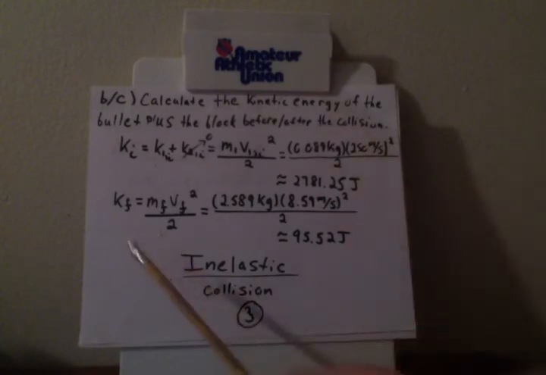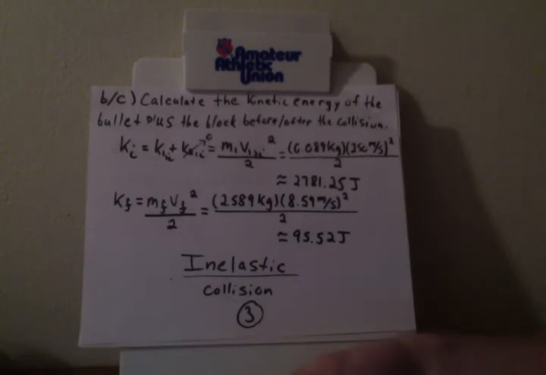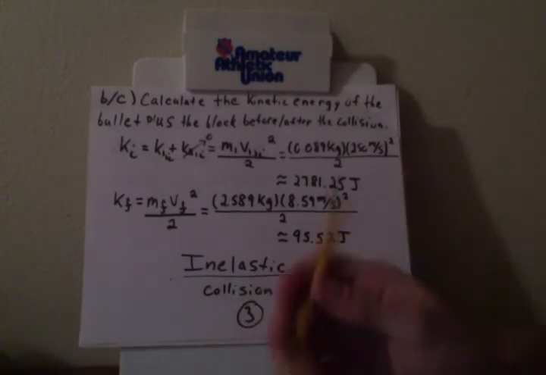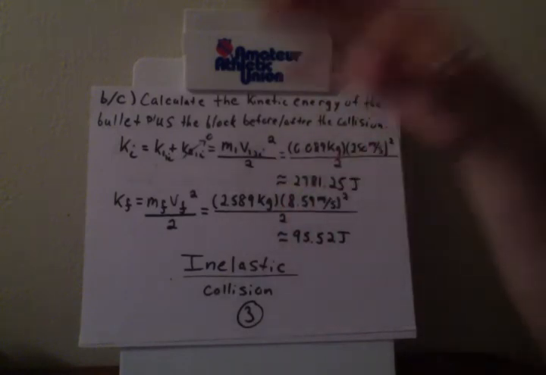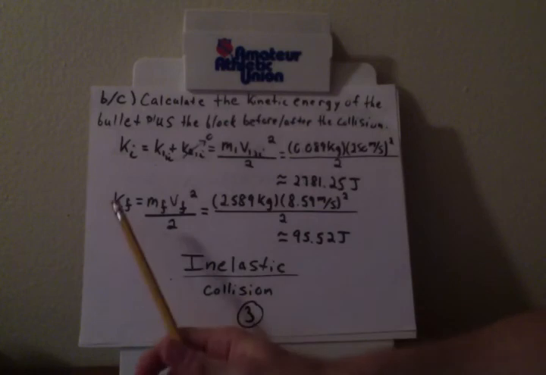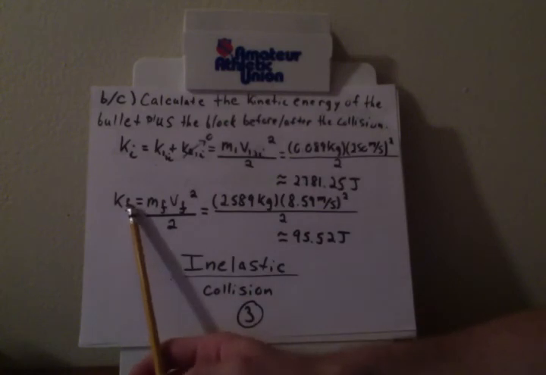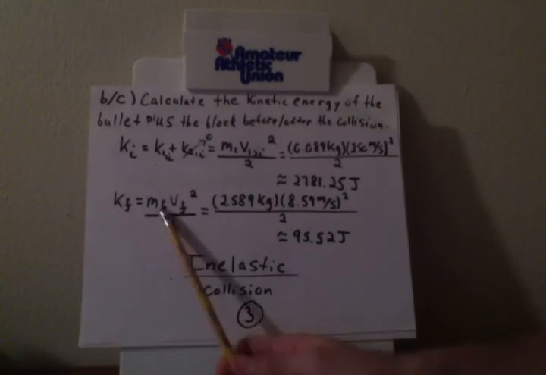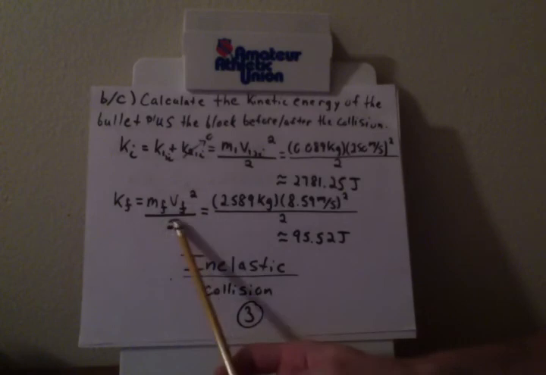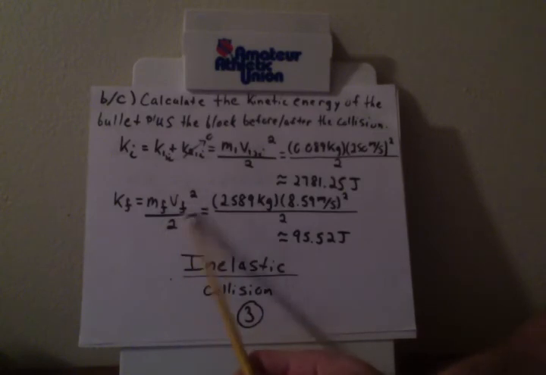The final, because I regarded the final outcome that when the bullet embedded itself within the block, that final object is just going to have one kinetic energy. Instead of thinking about the two kinetic energies, I just put it all as one. And it wouldn't be too hard to derive how to get to this form right here.